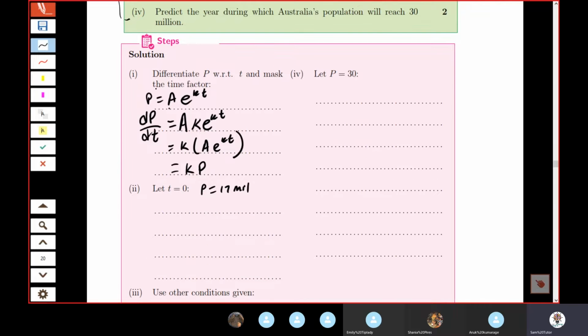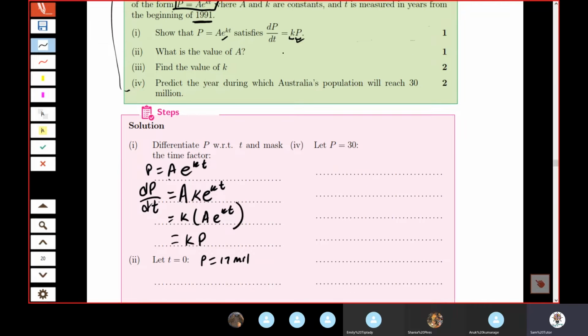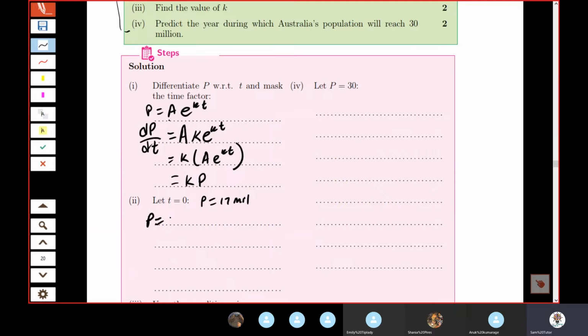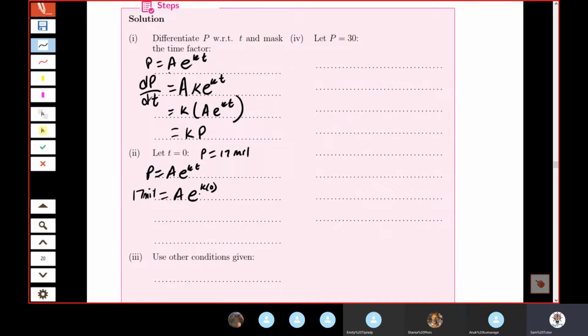So other than part I, we rarely use the rate. We usually use the actual population equation. So you've got P equals Ae^(kt). You know that time is 0. You know that population is 17 mil. Okay, what is e to the power of k times 0? Well, that's e to the 0.